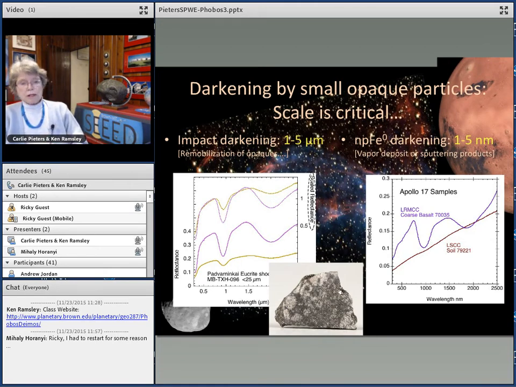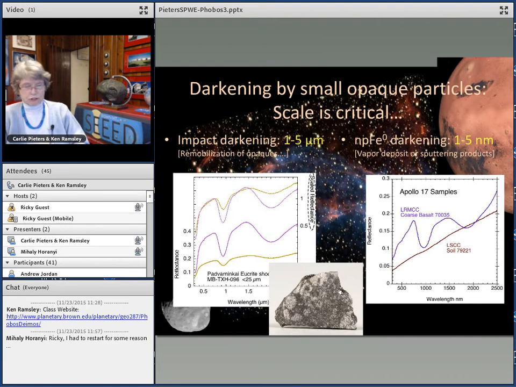And the way you can do that, which is quite different from what we were discussing in the lunar case, is by having opaque components. You need that to make it darker, you need that to make the bands become weaker, but they're larger particles.